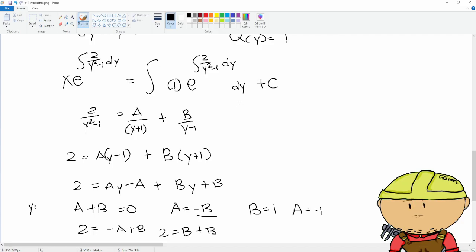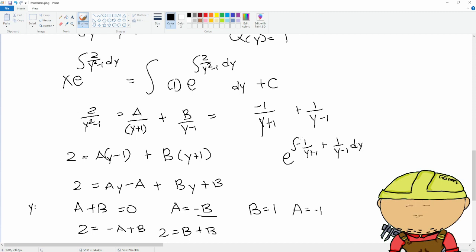Right? Meaning, this partial fraction is now negative 1 over y plus 1 plus positive 1 over y minus 1. Meaning, we integrate negative 1 over y plus 1 plus 1 over y minus 1.